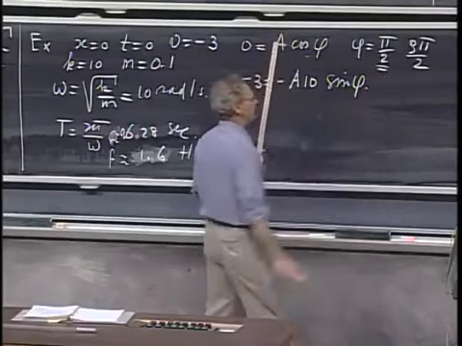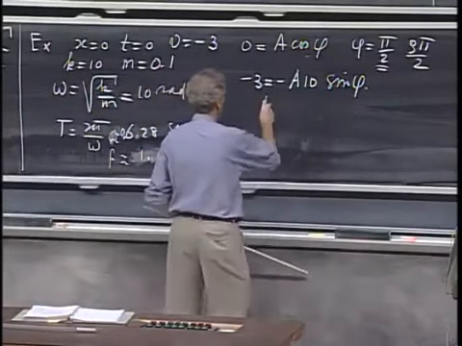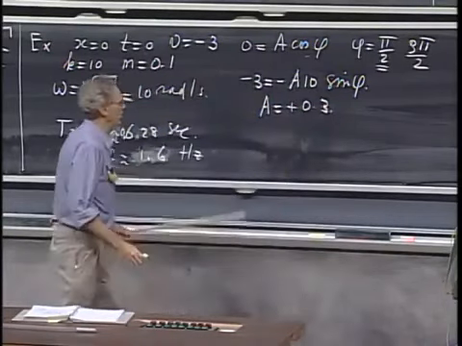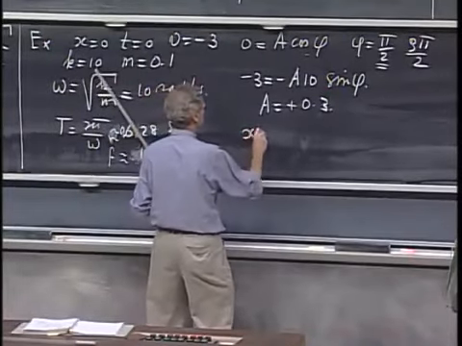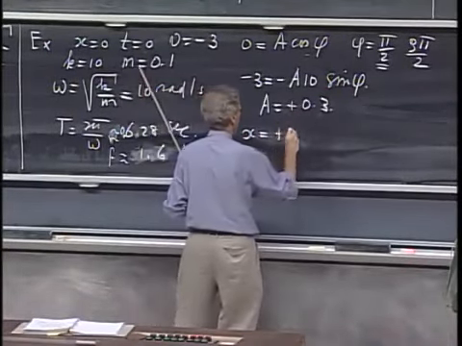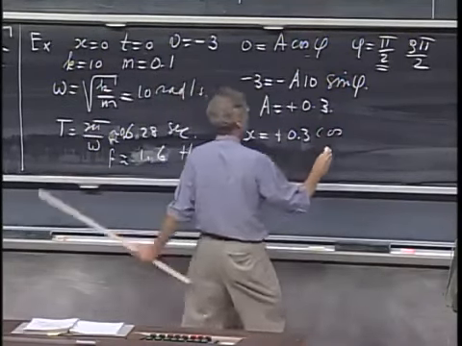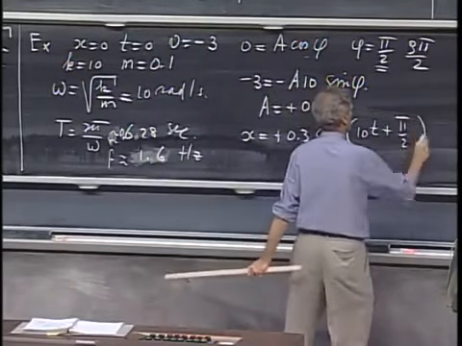If I pick π over 2, then the sine of phi is 1. And so you find immediately that A equals plus 0.3. And so the solution now, which includes phi and A, is that x equals plus 0.3 times the cosine of 10t plus π over 2.